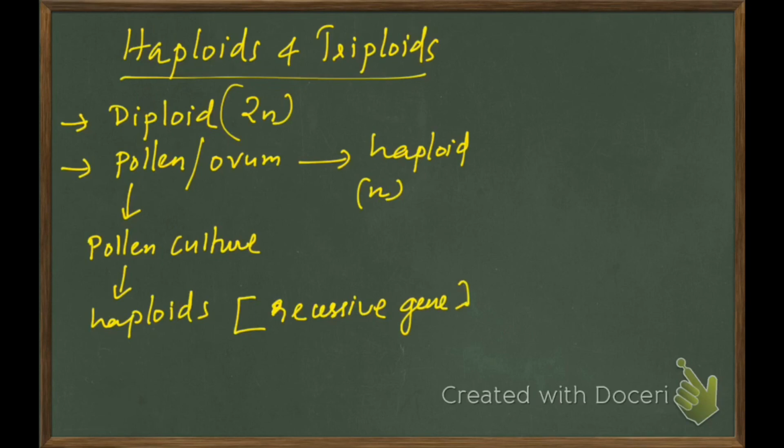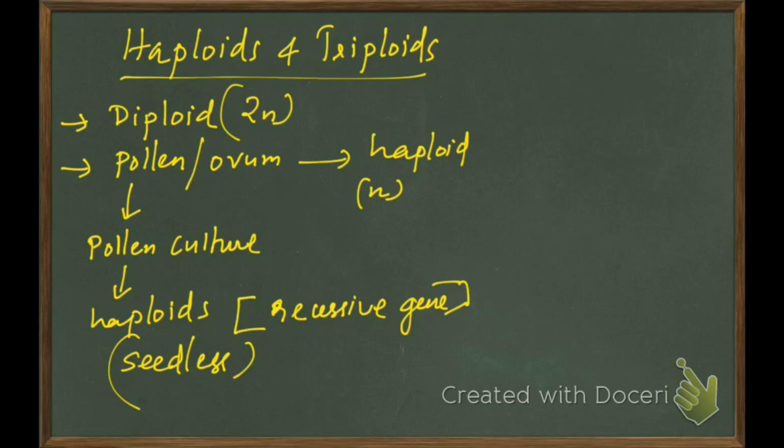If a recessive gene is advantageous and I need to get recessive gene expression, we can generate haploids and use them. The problem is that generally these haploids are seedless plants. These haploids can again be made diploid by some chemical treatment. That can also be done.